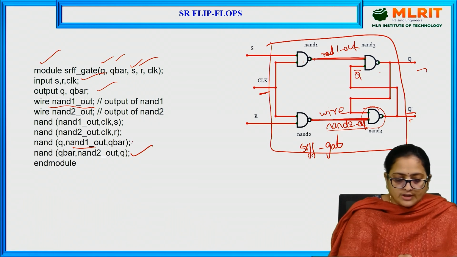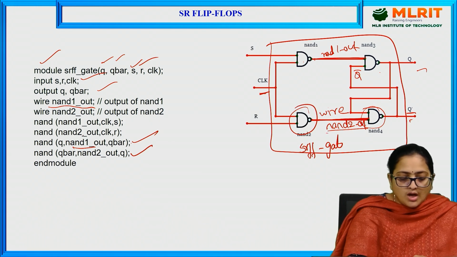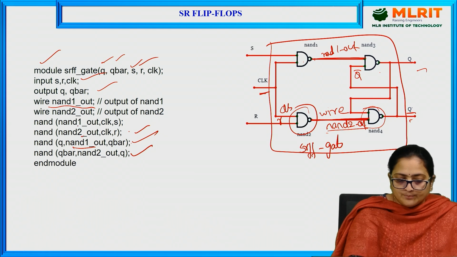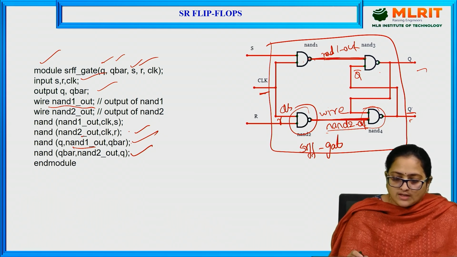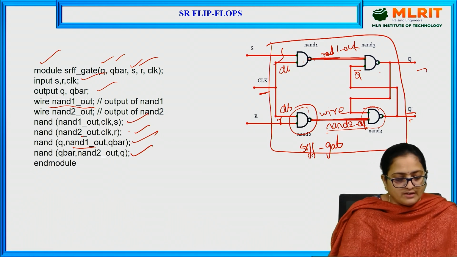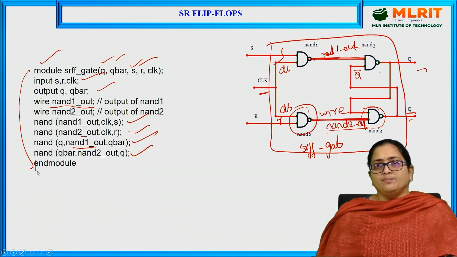And for this NAND gate the output is NAND 2 underscore out and inputs are clock and R. And again for this NAND gate, NAND 1 underscore out is the output and inputs are clock and S. So all the NAND gates have been given with the primitives, and this module has been ended with endmodule.